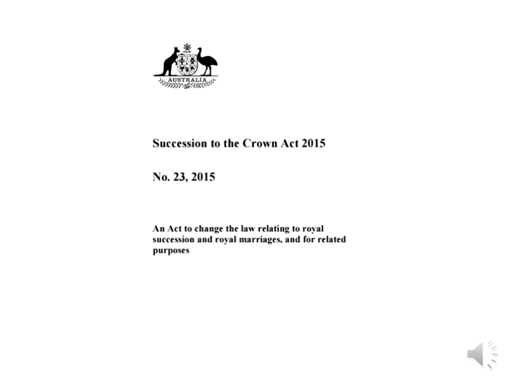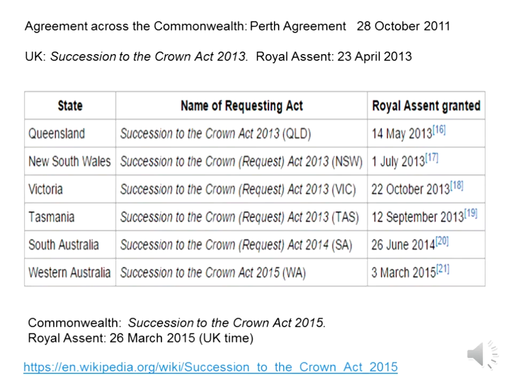So the states are rather subservient here. The Queensland one actually had to sit on the statute books waiting for the Australian Act to come into force as well. And then all of the states and territories, that's actually from Wikipedia, which was the easiest source to find about all of this. But it all goes back to all of the states, at different dates, really waiting until the Commonwealth Act was in force.